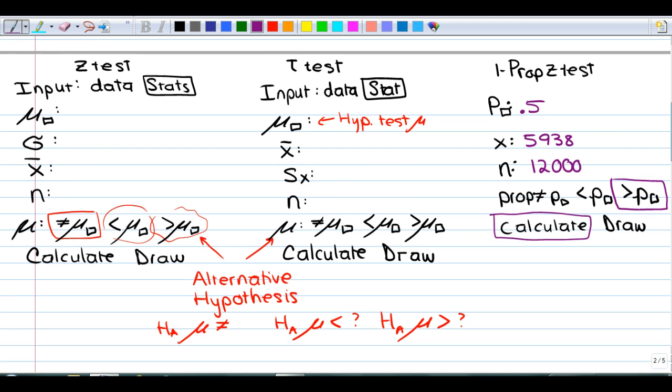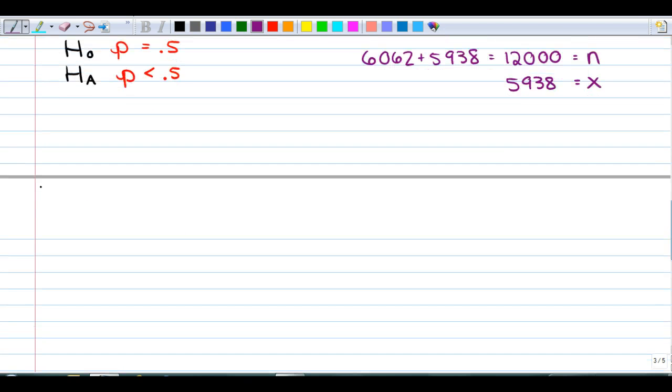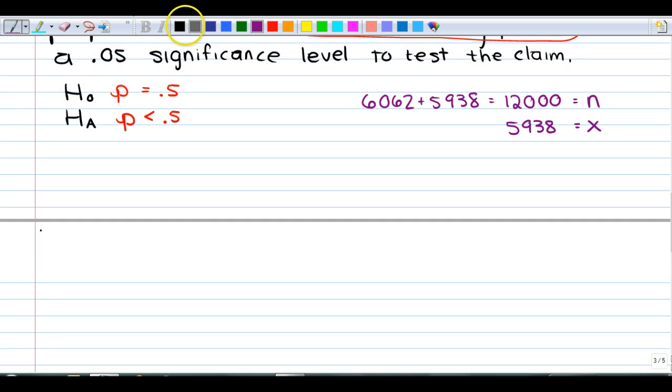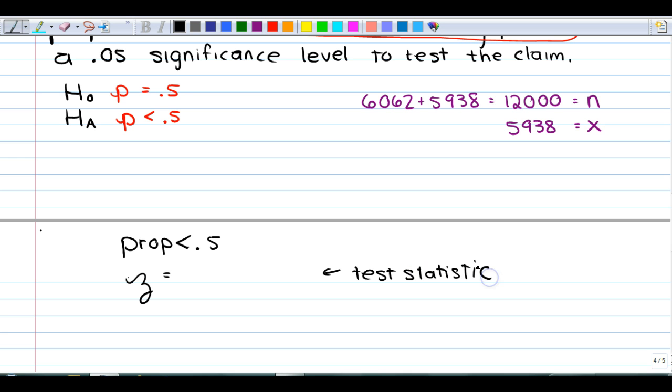What does it tell me? It tells me I'm testing for a proportion less than 0.5. It tells me the test statistic is a negative 1.1320 if I rounded to 4 decimal places.